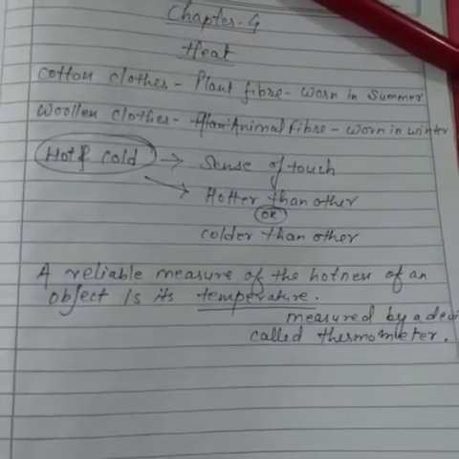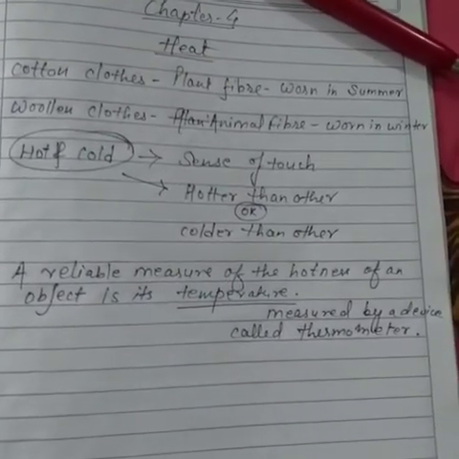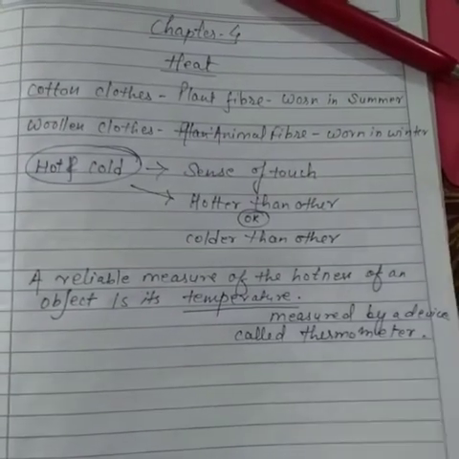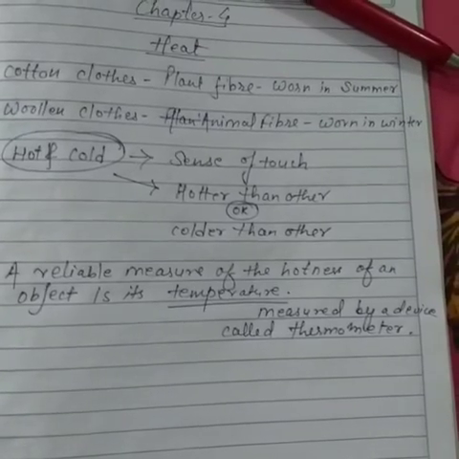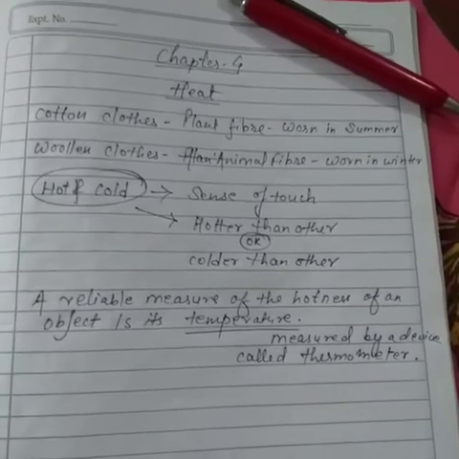And we are able to measure the temperature of anything with the help of a thermometer. In our house also or in the hospital also, a thermometer is available for checking the temperature of a particular object, temperature of a human body. So the thermometer helps us to know the exact temperature.